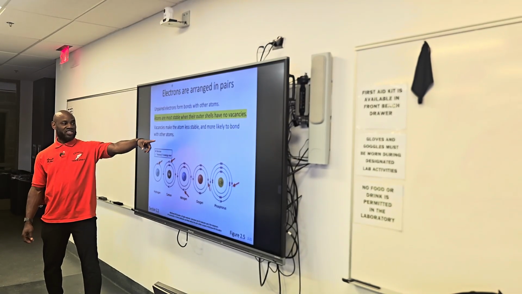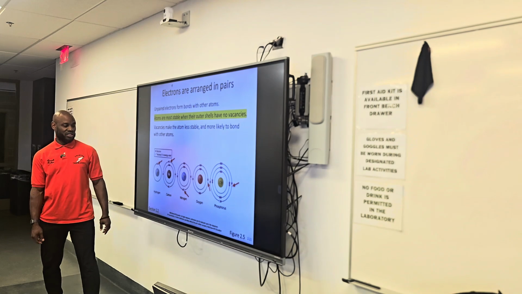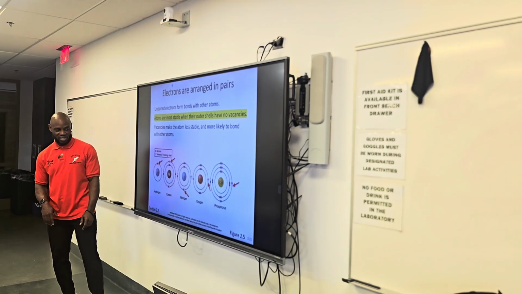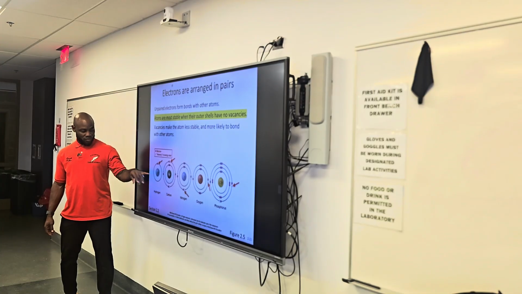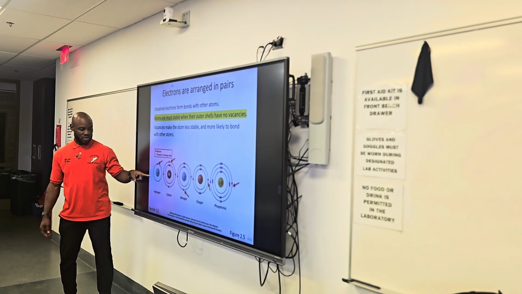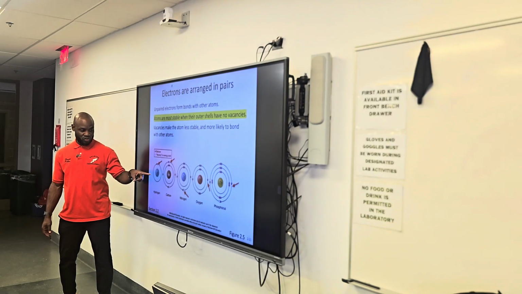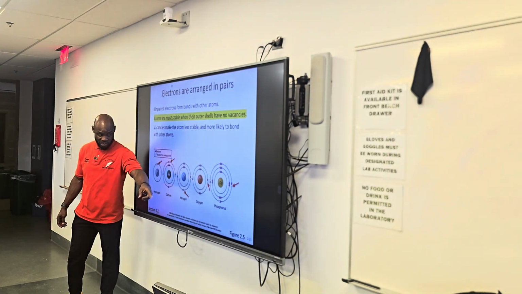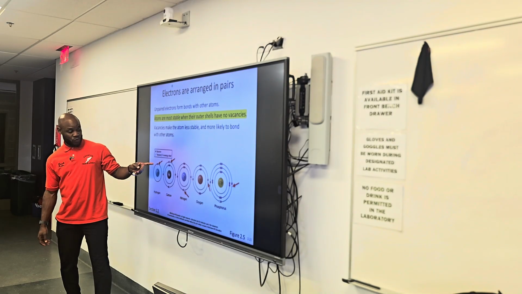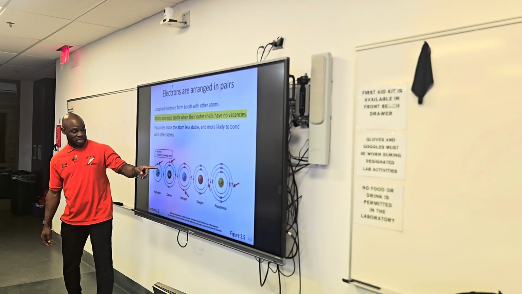Unpaired electrons form bonds with other atoms. Atoms are most stable when their outer shells have no vacancies. Vacancies make them less stable and more likely to bond with other atoms. It sounds confusing, but it's actually very simple.